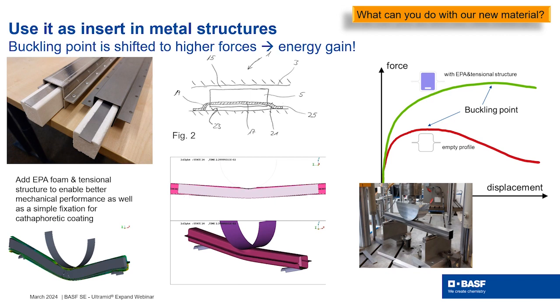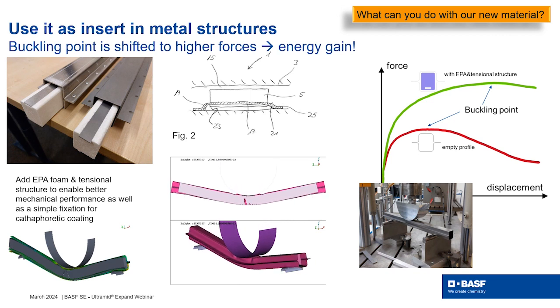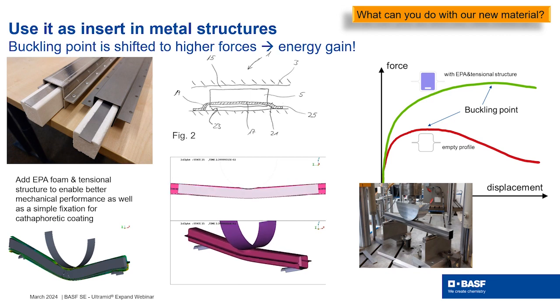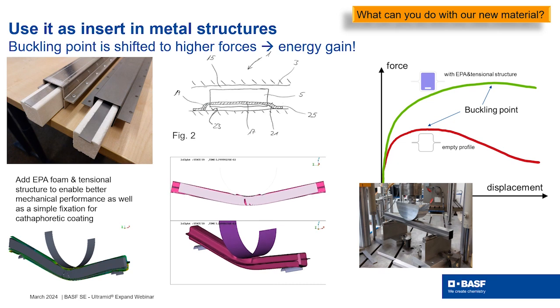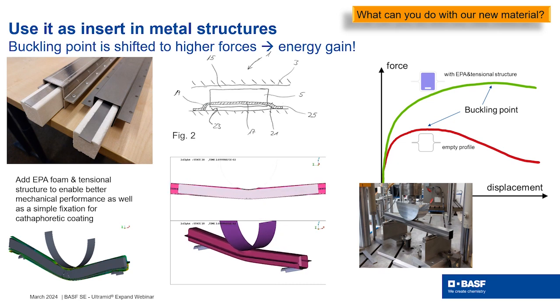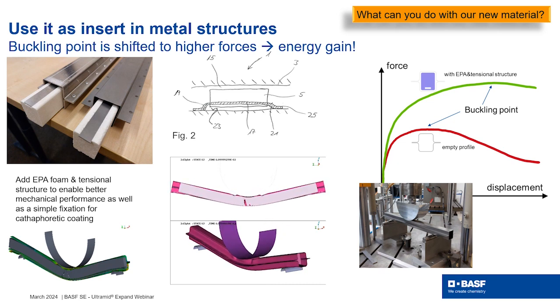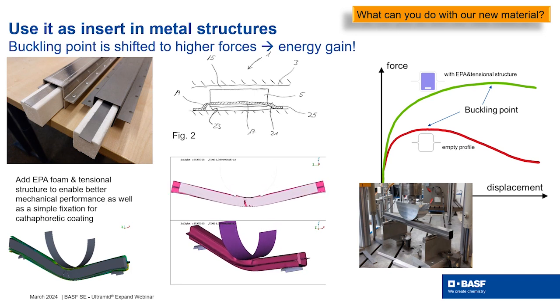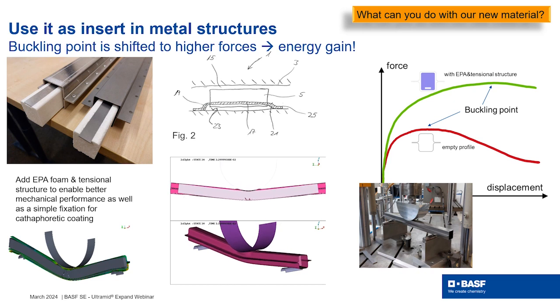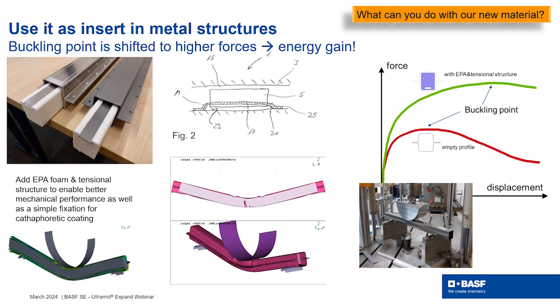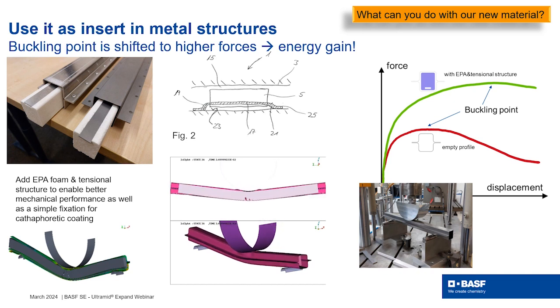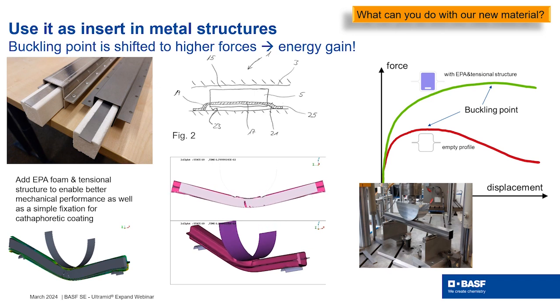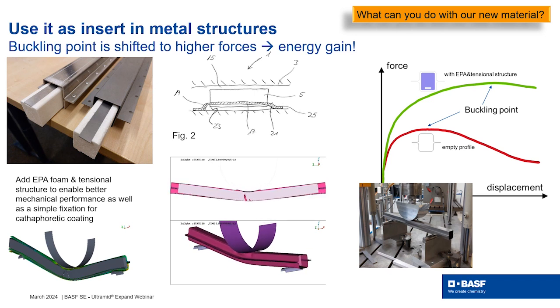If you have a hollow cross-section which is only made of metal, then this cross-section will have a very pronounced buckling point. And with our foam that you put inside, we can shift this buckling point to a higher force, and we can also increase the stiffness a little bit. And you see that here on the red and the green curve: we have an energy gain when we put our material inside such a metal cross-section.